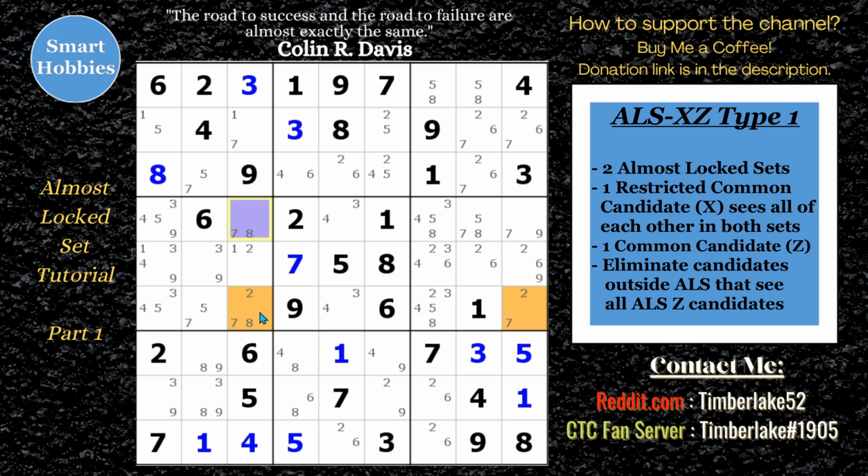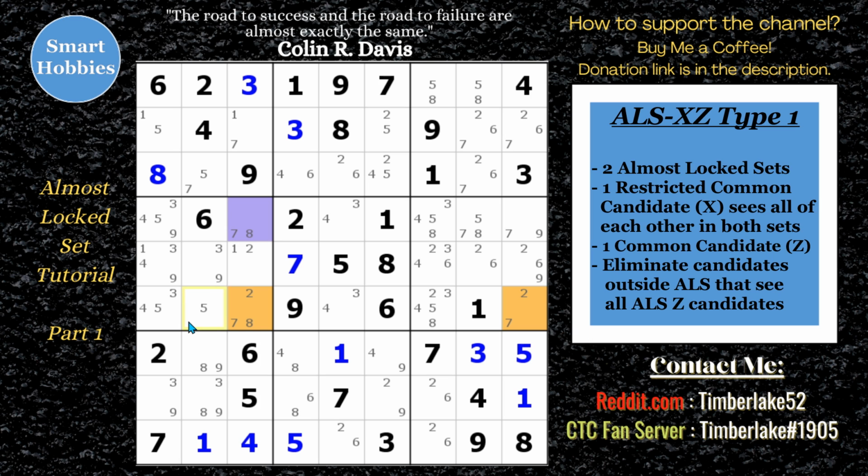The X is that restricted common candidate. It's not the candidate we're going to use to make the eliminations. What we're going to use is another common candidate, and you can eliminate any candidate that sees all 3 of that other common candidate. So the other common candidate is the 7, right? Because there's a 7 in here and there's a 7 there. And this 7 and this 7 all see the 7 right here, so we can eliminate that 7.